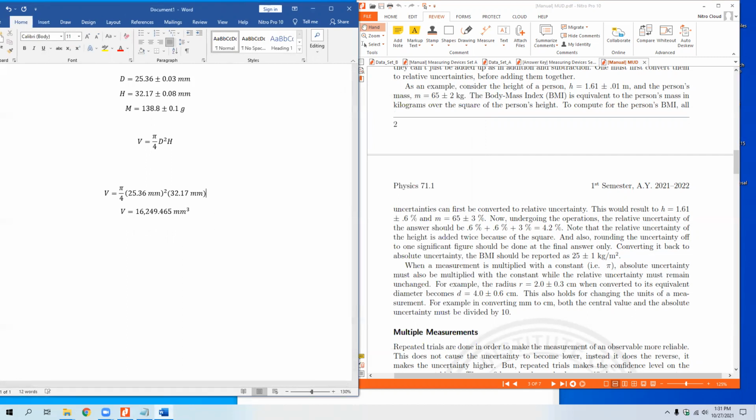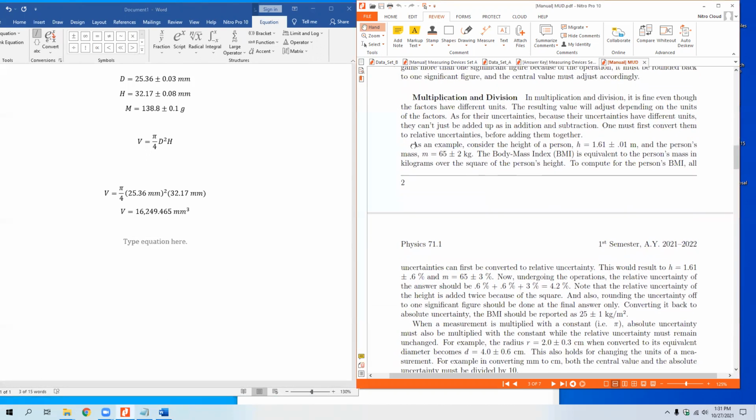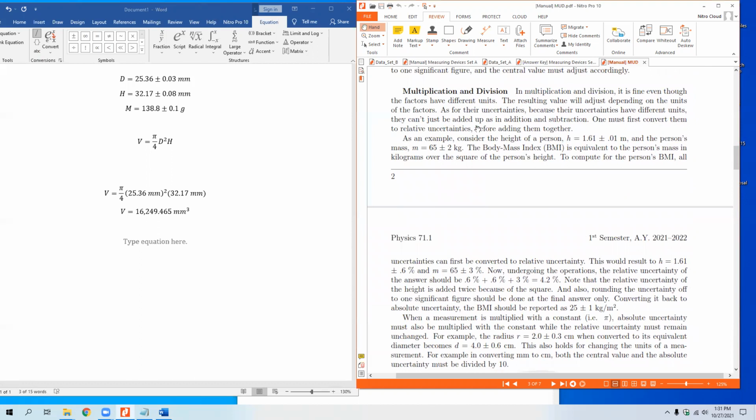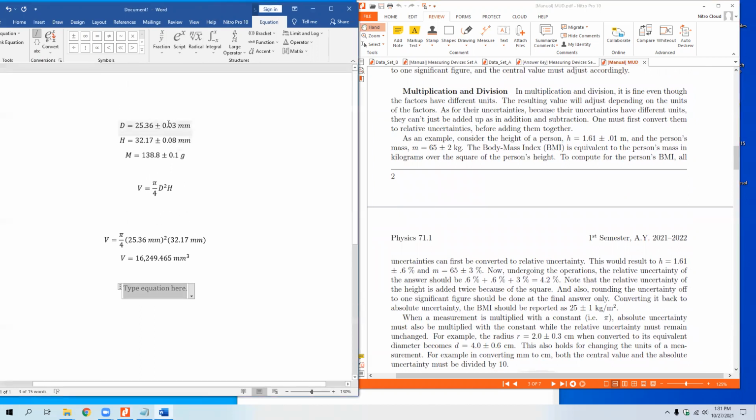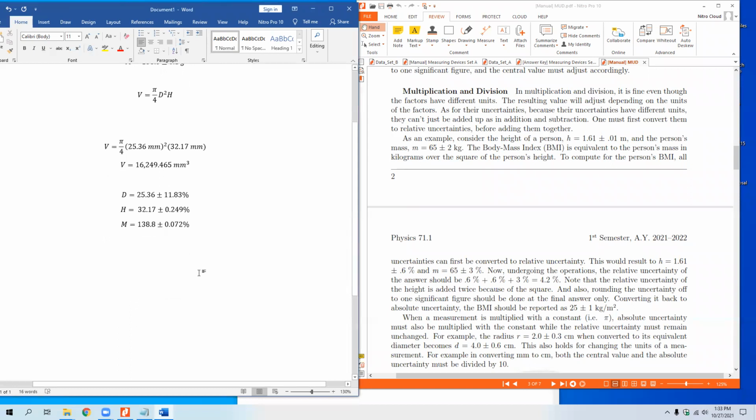Next, we want to determine the uncertainties. So this is a case of multiplication and division. So just like with our first experiment, we will have to convert each and every one of these values to relative uncertainties. So let's skip these steps kasi these are experiment 1 steps. So we should get the following relative uncertainties.